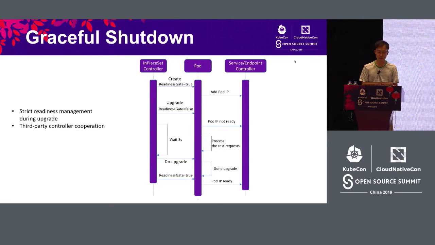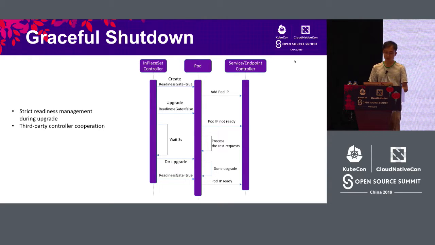And when the pod is not ready, it will inform, and it will shut down the IP from the list, and it will have impact on the IP label, and then it will shut down the routing. If the customers can handle the right signals, it can realize the graceful shutdown, but it is not guaranteed to have the graceful shutdown every time.